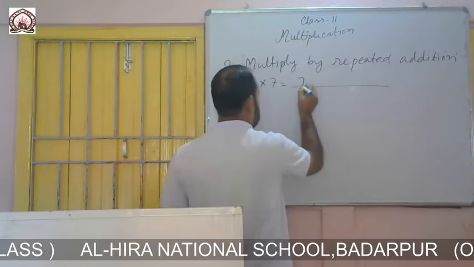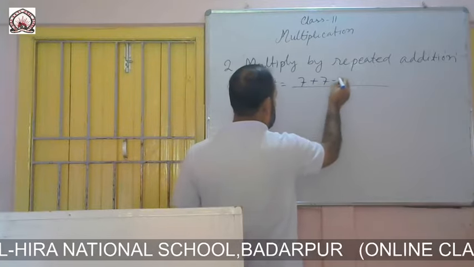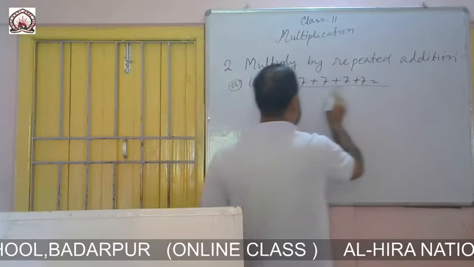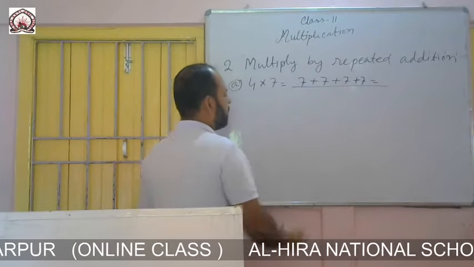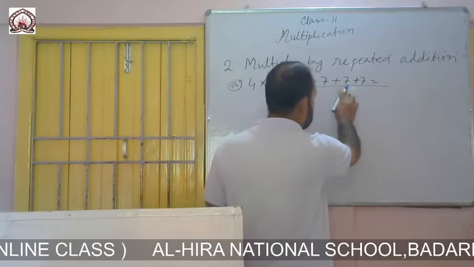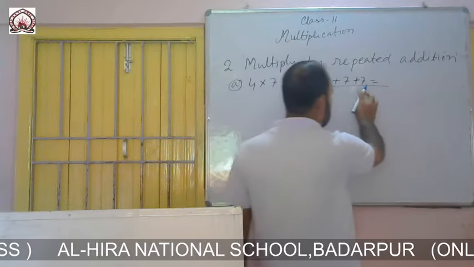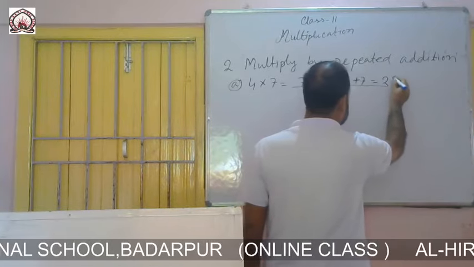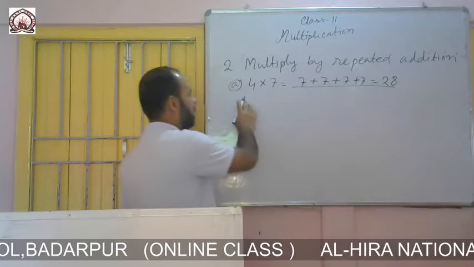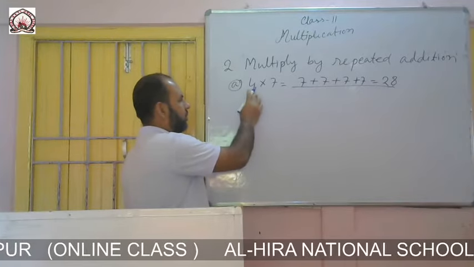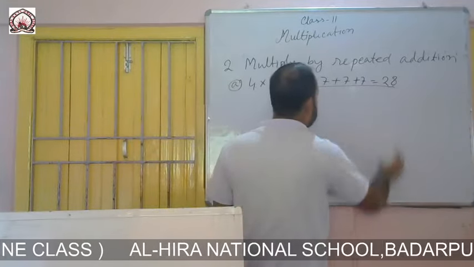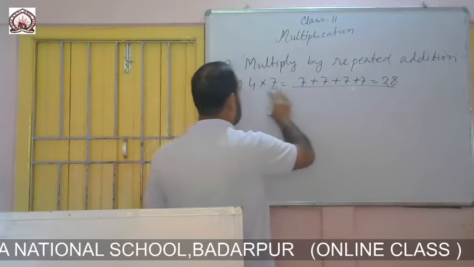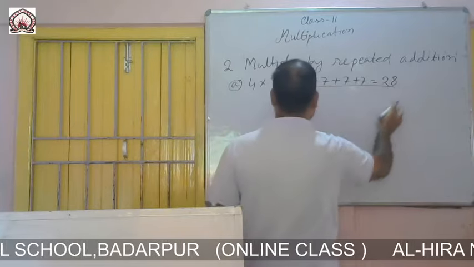So 7 plus 7 plus 7 plus 7. 7 plus 7 is equal to 14. 14 plus 7 is equal to 21. 21 plus 7 is equal to 28. Answer is 28. So 4 7s are 28. 4 times 7 is equal to 28.